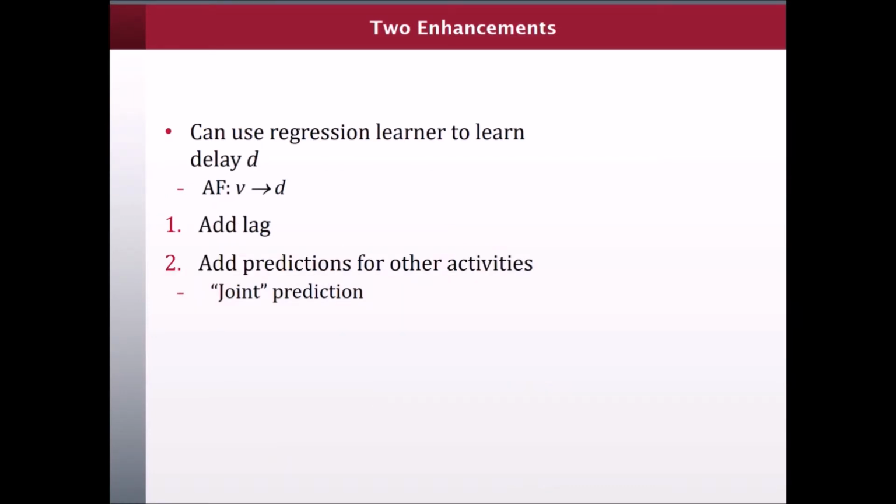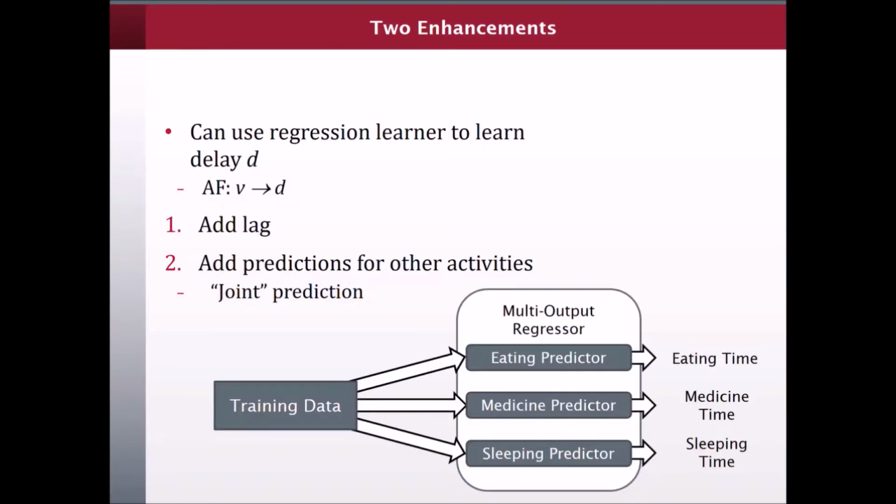A second enhancement that we can add is to add predictions that we have generated for other activities to our feature vector as well, in a process that we refer to as joint prediction of multiple values. In this case, what we do is use our training data, our feature vector with optional lag values, to independently learn forecasted times for a number of activities of interest.